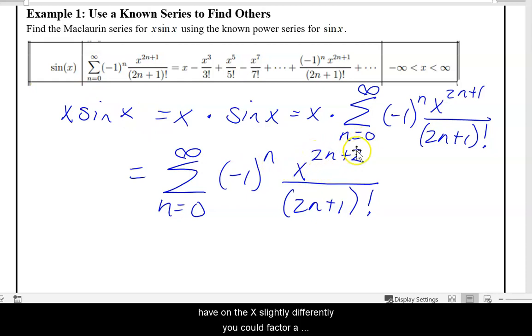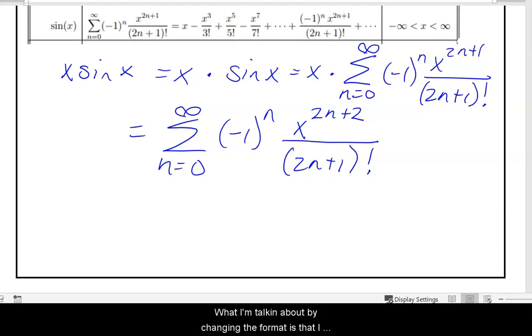Now, if you want to think about the power that you now have on the x slightly differently, you could factor a 2 out of this and pull the 2 onto the x. While this is a perfectly acceptable format for writing the solution, there are others that would be just as acceptable. I could factor out the 2, since 2n plus 2 is equal to 2 times n plus 1.